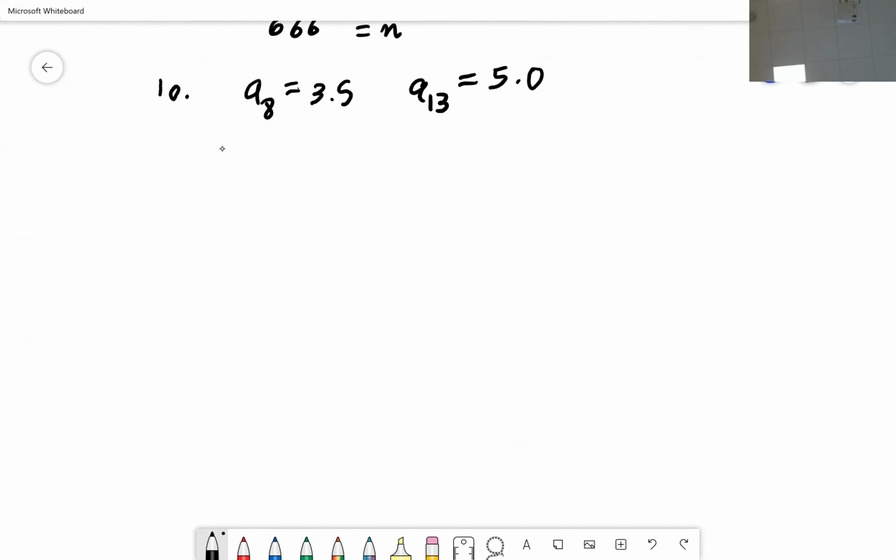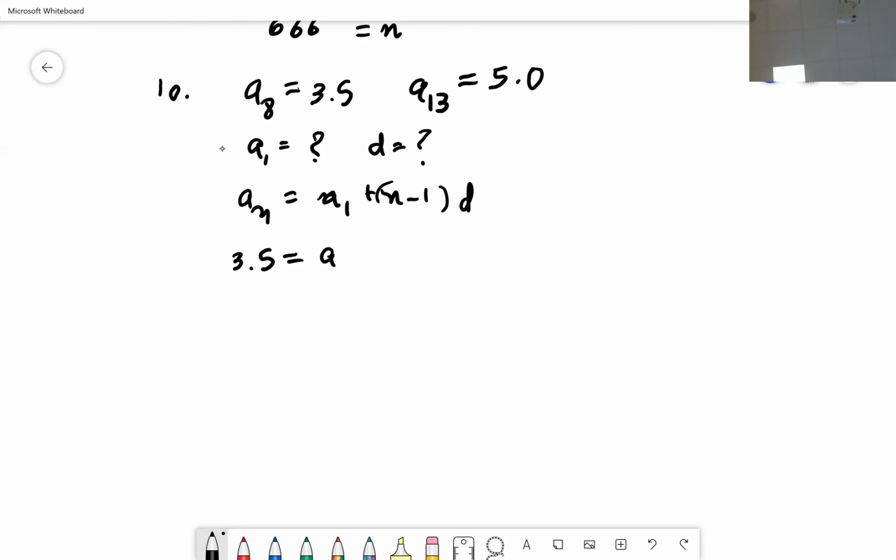All right, so now let's continue on this one. We've got two terms there. We want to figure out the first term and the common difference. So we want to know what a sub 1 is and what the difference is. I can just go ahead and write a sub n equals a sub 1 plus n minus 1 times d. So a sub 8 is 3.5 equals unknown a sub 1 plus 7d.